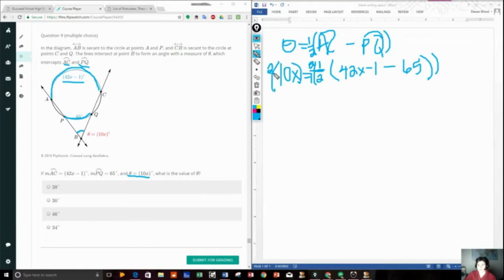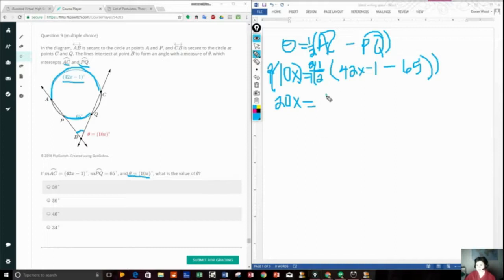So 2 over 1 is 2, and 2 times 10x is going to give us 20x equals 2 times 1/2, which is just 1. 1 multiplied by anything does not change its value, and that's why we did it.